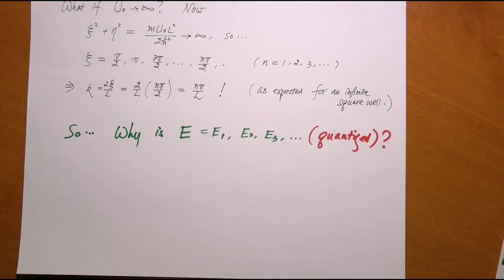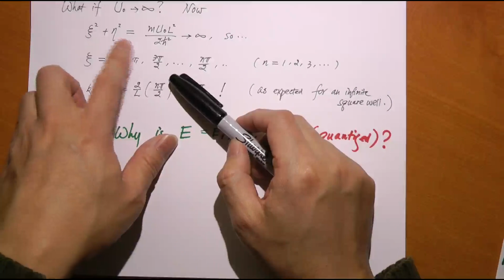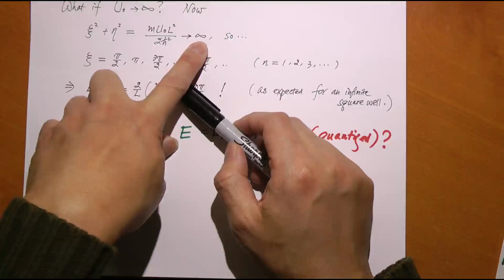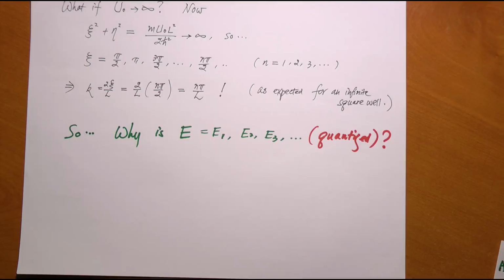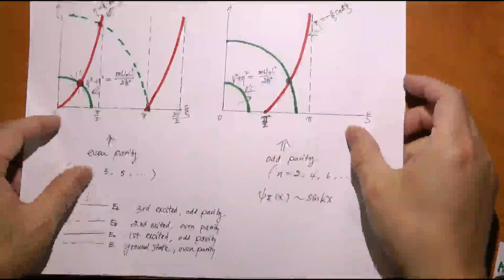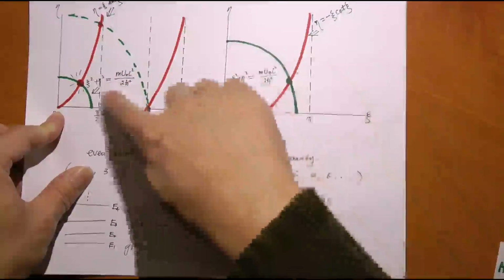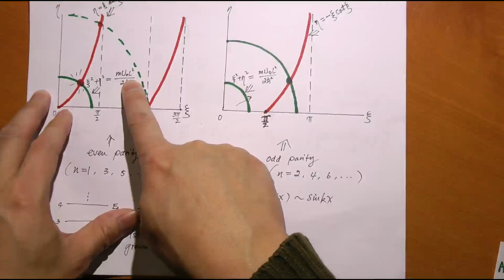If we take u naught equal to infinity, then by definition, the radius of our first circle, xi squared plus eta squared, here's the radius squared, goes to infinity, right? When the radius squared goes to infinity, let's take a look at these curves again, these plots of eta and psi. Here, the circle has infinite radius for both the even and odd case because they're both proportional to u naught, the radius.